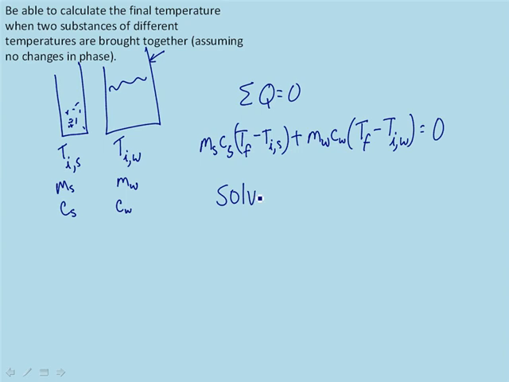And then you solve this for TF like we did in class. These variables TF are both the same because the shot and the water both go to the same final equilibrium temperature.